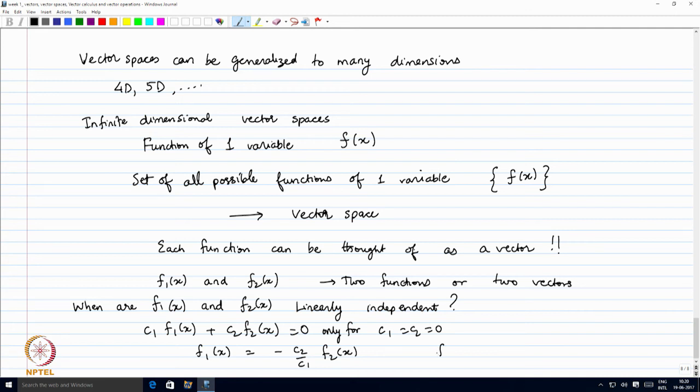That means, if linearly dependent, then we can write this form, and then f1 of x is proportional to f2 of x. So, two functions are linearly dependent only if one is proportional to the other. Okay, so, any two functions that are not proportional to each other will be linearly independent.